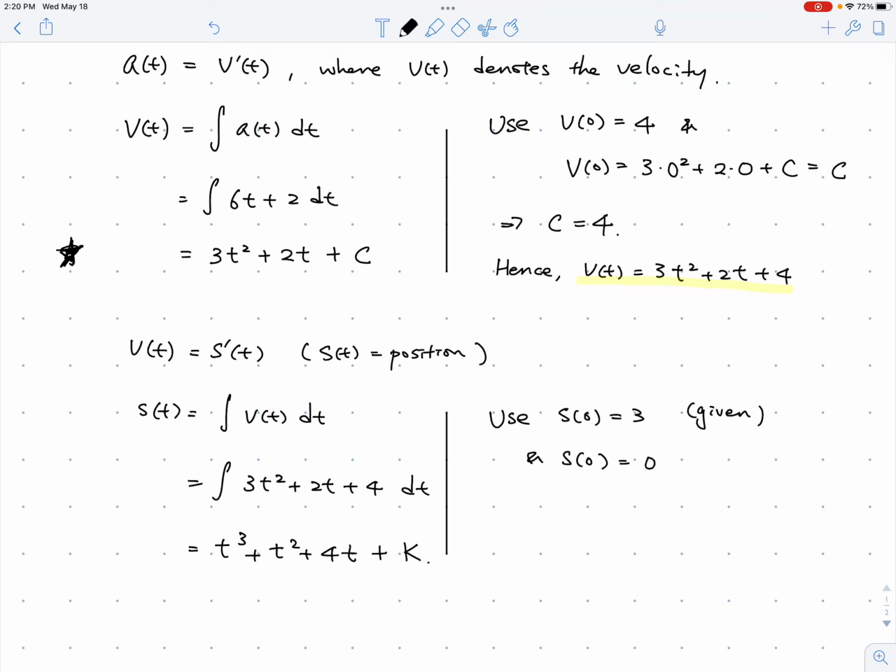So s(0) is 0 cubed plus 0 squared plus 4 times 0 plus K. And then by straightforward computation, this is equal to K. So these two numbers are supposed to be equal. Therefore, we know K is equal to 3. Hence, the position function is equal to t³ + t² + 4t + 3.